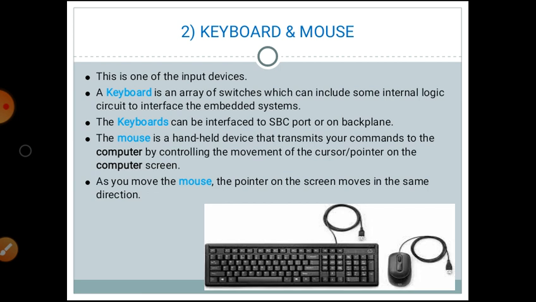A keyboard is an array of switches which can include some internal logic circuit to interface with the embedded system. The keyboard can be interfaced to a single board computer port or on a backplane.